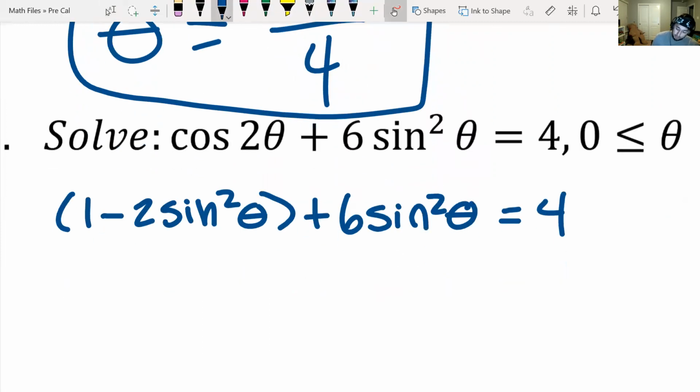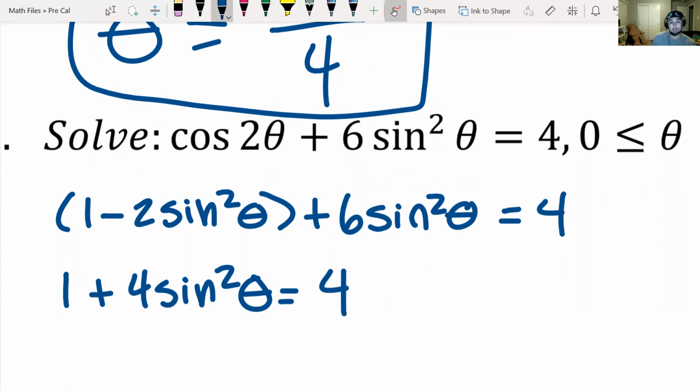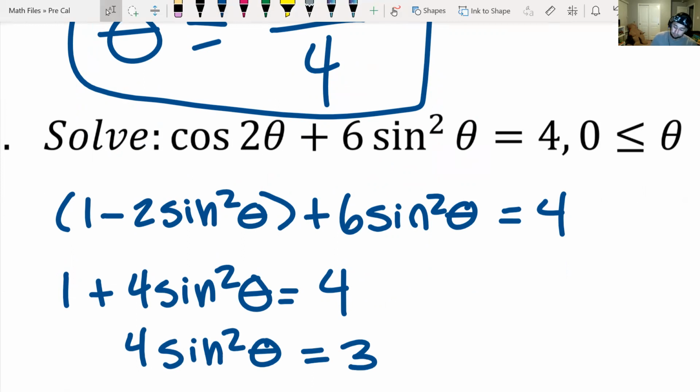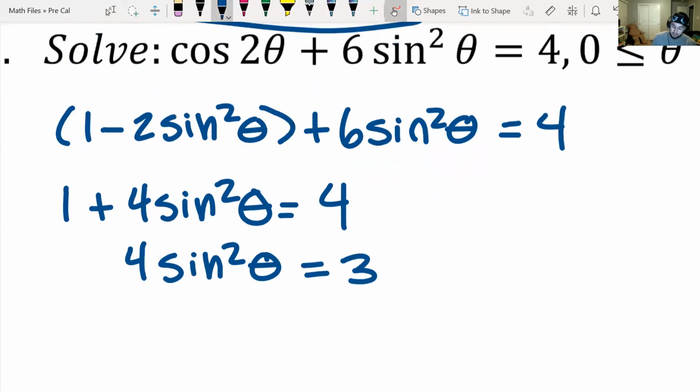Then combine like terms, I get 1 plus 4 sine squared theta equal to 4. Move the 1 over, and I get 4 sine squared theta equal to 3. Divide by 4, sine squared theta equals 3/4.